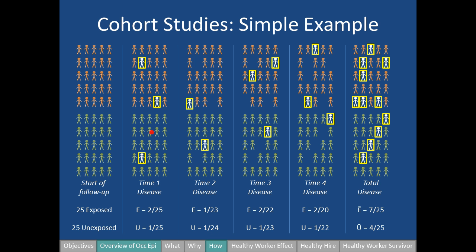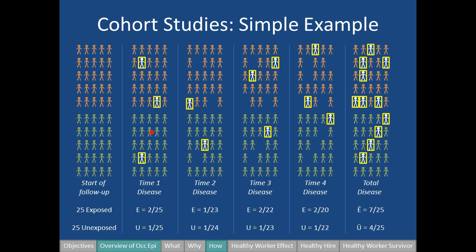Now, something with really low incidence, you would need a longer period of time to follow them because you need to have sufficient number of cases to have the power to detect an association between the exposure and the outcome. If your incidence is really low, a prospective cohort study at least may not be the appropriate study design to use, because you're going to have to wait a really long time to have a sufficient number of cases, and there are other study designs that may be more appropriate.